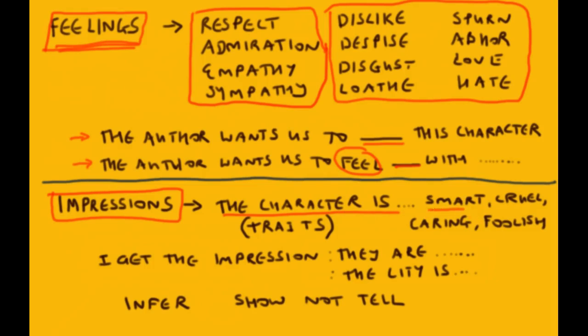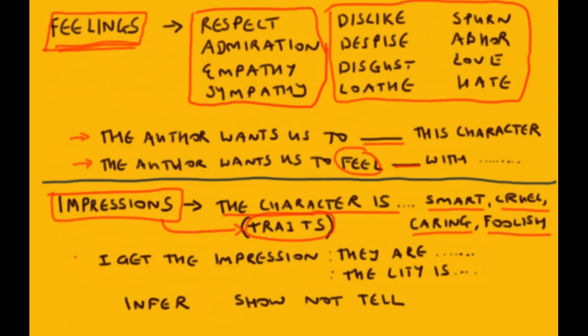The character is smart, or the character is cruel, or the character is caring, or the character is foolish, or the city is mysterious, or the city is dark. And what you can tell yourself there is that we're thinking about traits. So impressions usually relate to traits.